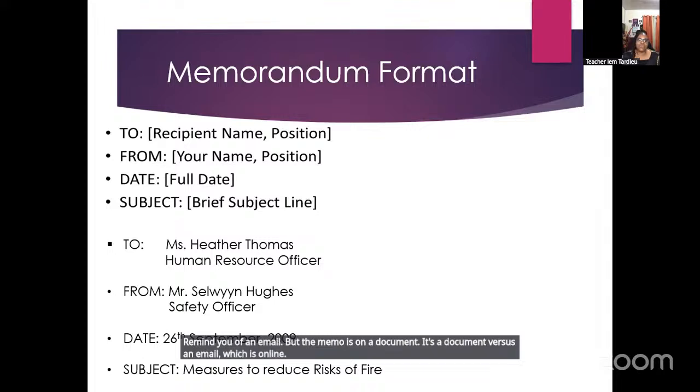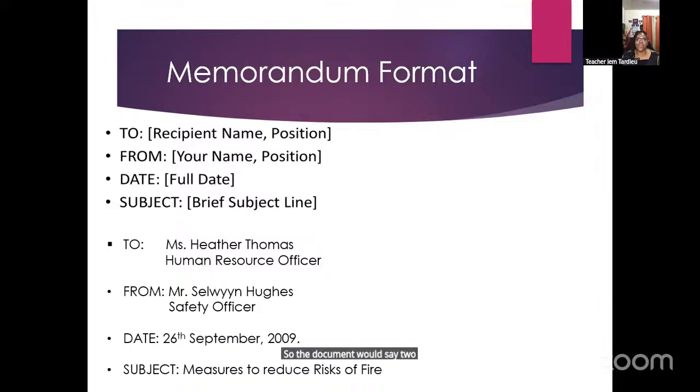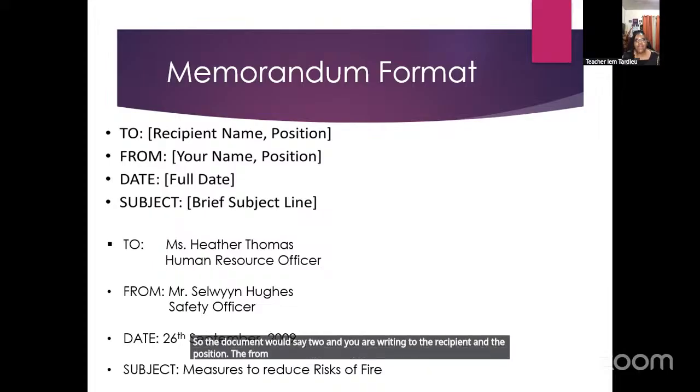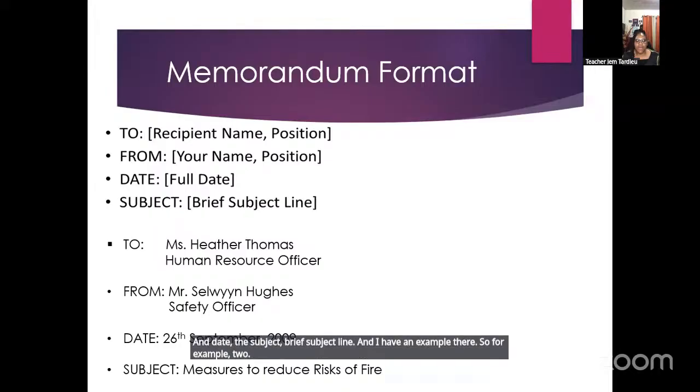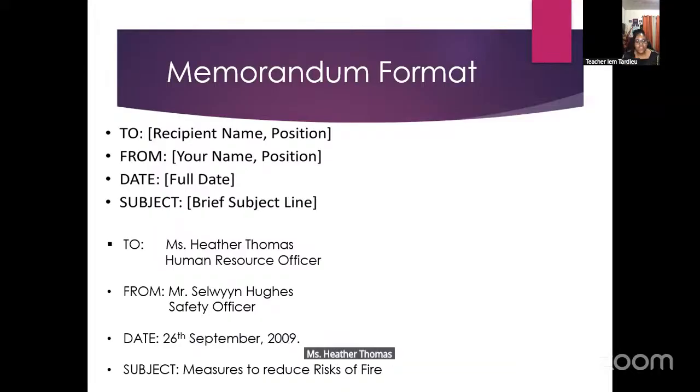So the document would say to, and you're writing to the recipient and the position. The from, who it's coming from, the date, and the subject, a brief subject line. And I have an example there. So for example, to Miss Heather Thomas, Human Resource Officer. From Mr. Selwyn Hughes, Safety Officer.